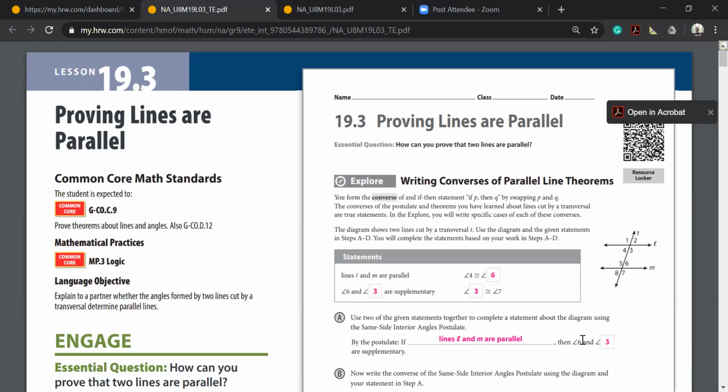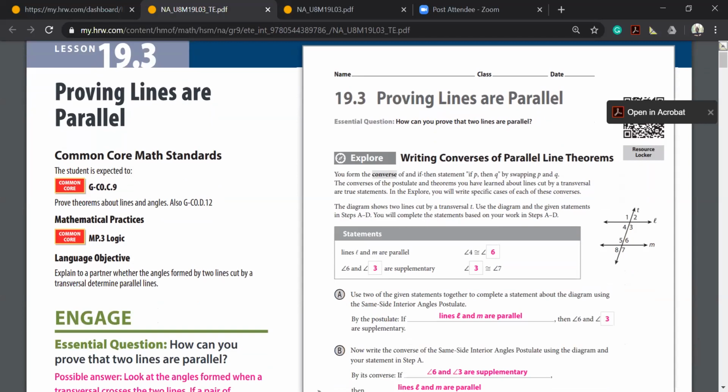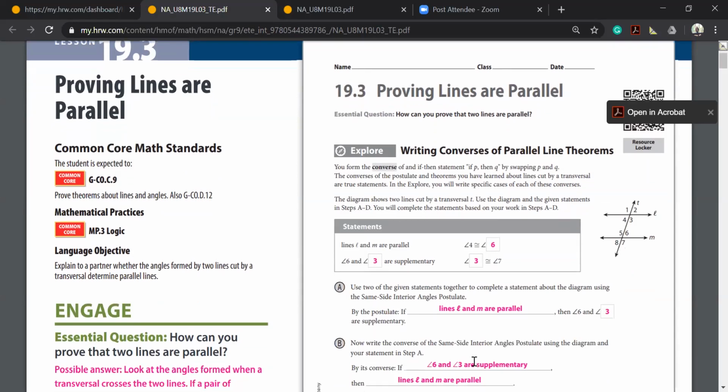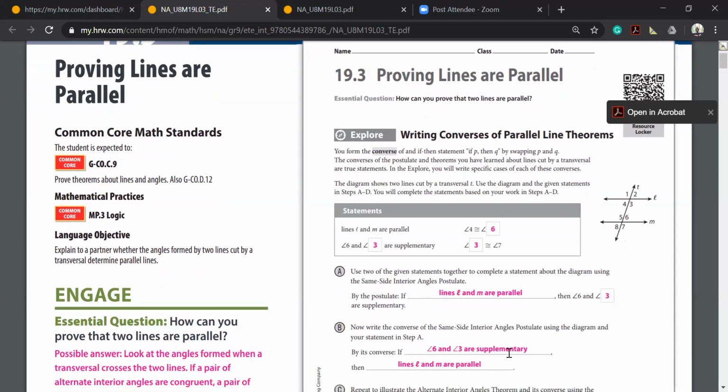So if angle 6 and angle 3 are supplementary, then lines L and M are parallel. This is what I did. I swapped them. I brought this event here, angle 6 and angle 3 are supplementary, first, and lines L and M came second.